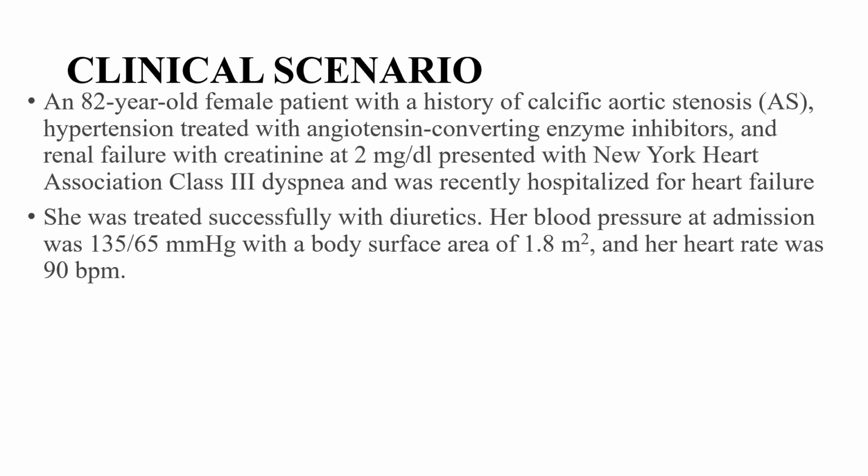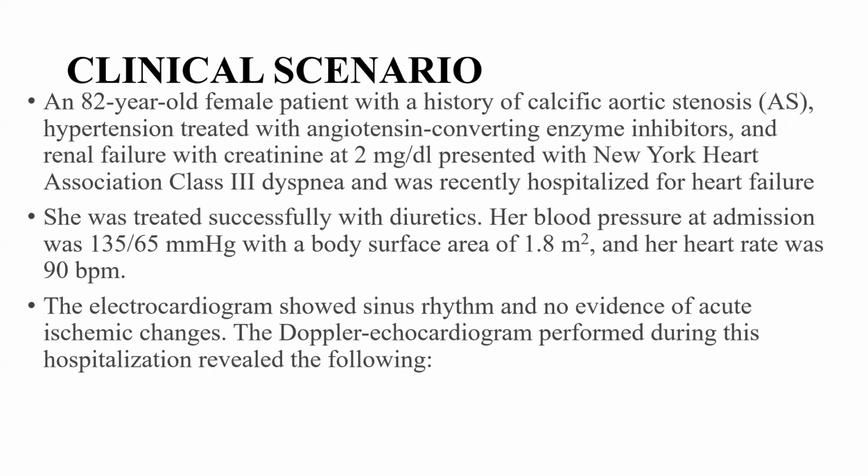She has been treated successfully with diuretics. Her blood pressure is 135/65. Body surface area is 1.8. Her heart rate is 90 beats per minute. The EKG showed sinus rhythm with no evidence of acute ischemic changes.